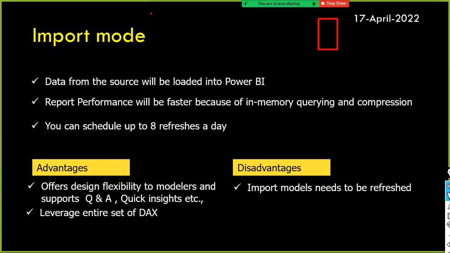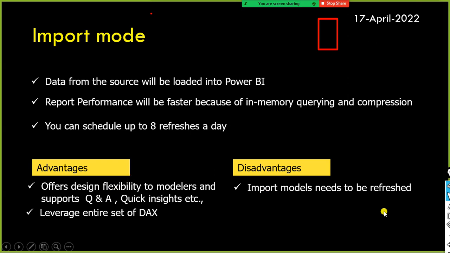Whatever data they inserted after you imported, that data should also come in. In order to keep your report up to date, you need to bring in whatever they loaded after you imported the data into your Power BI Desktop.